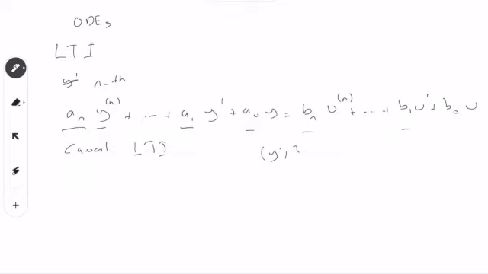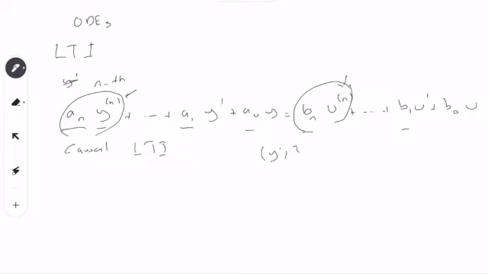It is causal because the order of the input dynamics is not higher than the order of the output dynamics. If the input order is higher, then the system will be non-causal. For example, a derivative operation is non-causal, but an integral is causal. In this course, as I told you before, we will only cover causal systems because our goal is designing and analyzing digital control systems where the plant is an actual physical plant.